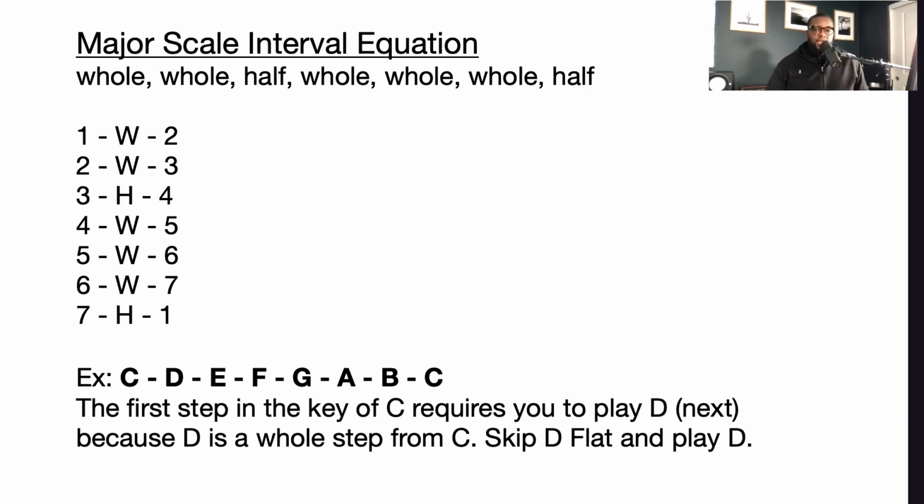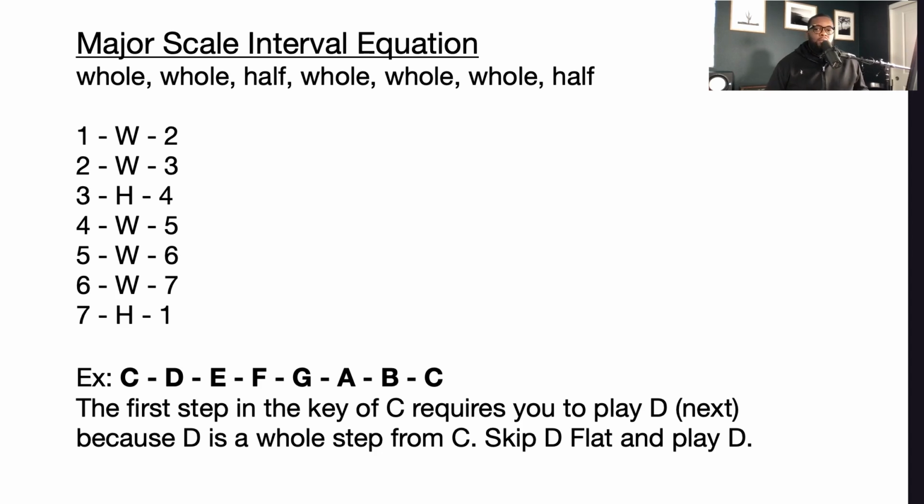Okay. And then, so F is 4. F is your fourth note in the major scale of C. So from F, from the 4 to the 5 requires a whole step. So from F, you will have to skip F sharp and go to G, right?